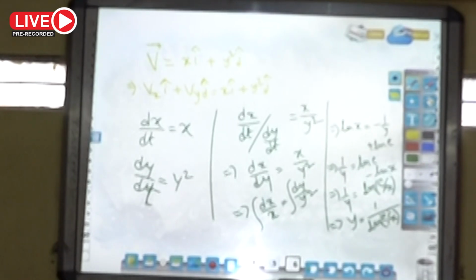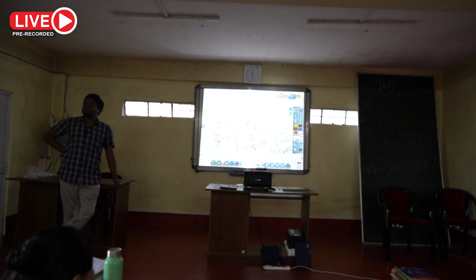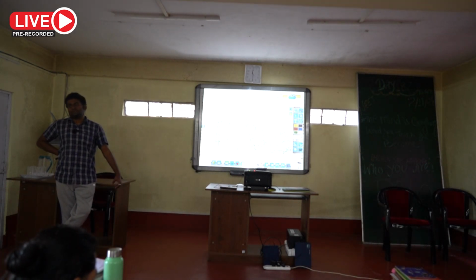Equation of trajectory means a geometric equation relating the geometrical variables x and y. It should be irrespective of time.